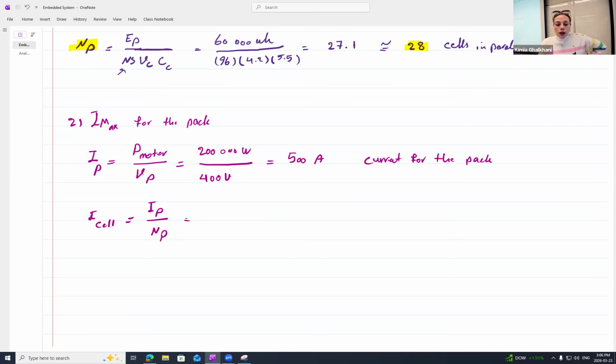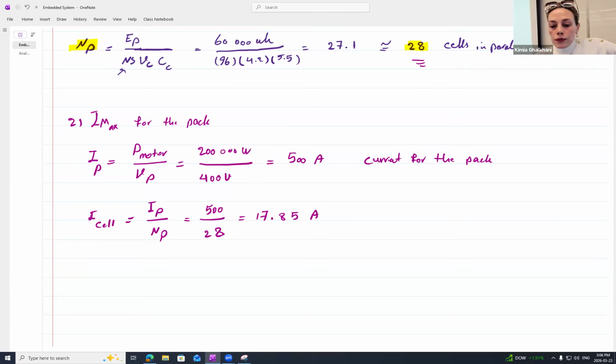So if pack current is 500 divided by 28, which I found right in here, each cell is going to have 17.85 amperes. Make sense so far? Yeah. Therefore, this is the current per cell. So far, so good.